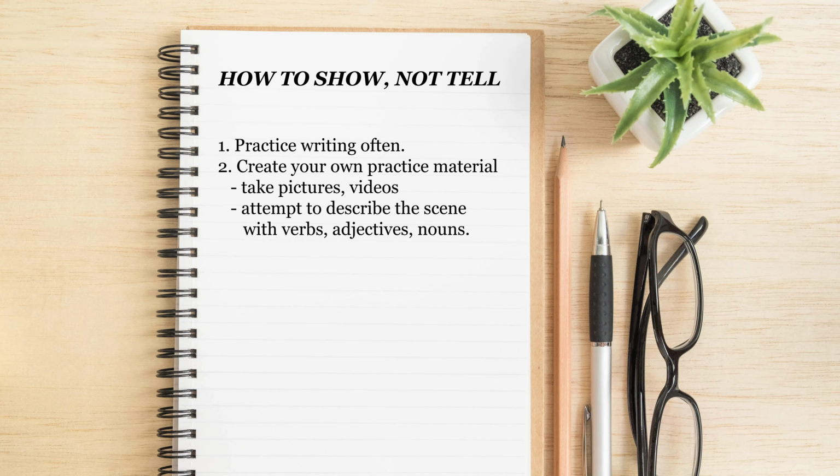If you go grocery shopping, take a picture of the grocery store. Or if you go out for a coffee, take a picture of the coffee or the barista. Just take pictures with your smartphone, print them out or attach them into a Word document, and then write in a show way.